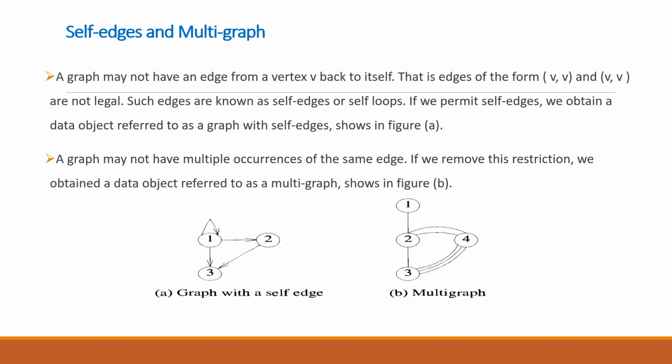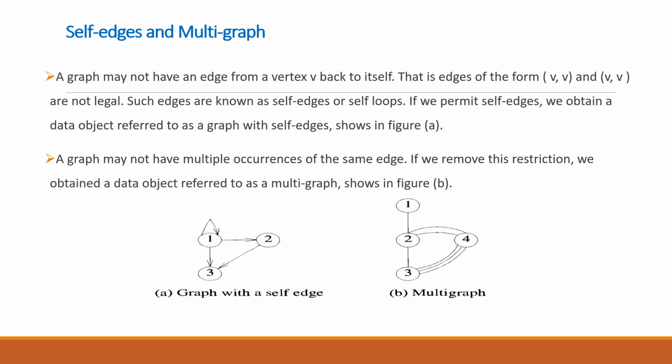Then what is a self-edge and what is a multigraph? A graph may not have any edge from a vertex V back to itself, that is, an edge in the form V to V. That is not legal. Such edges are known as self edges, or we can also call it a self loop.